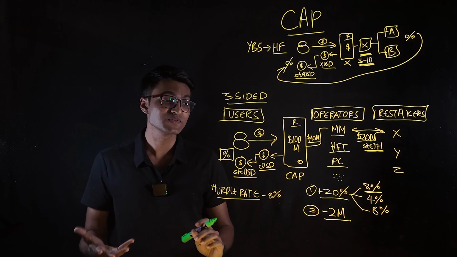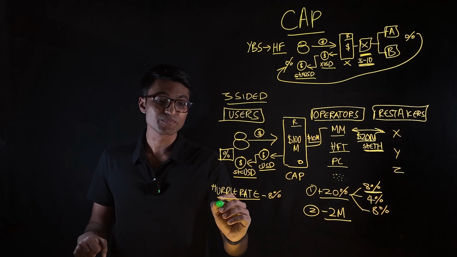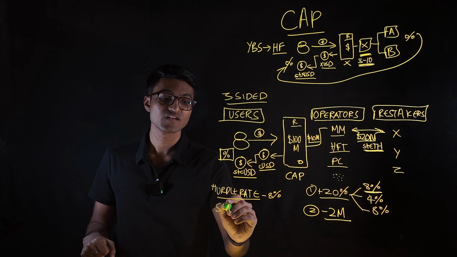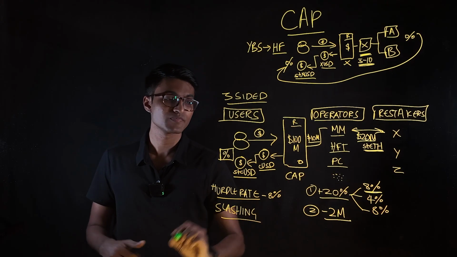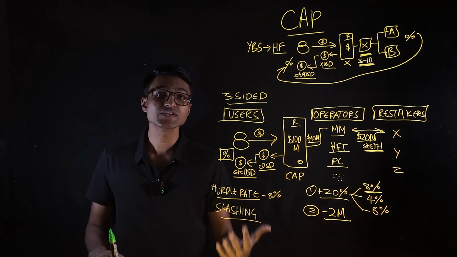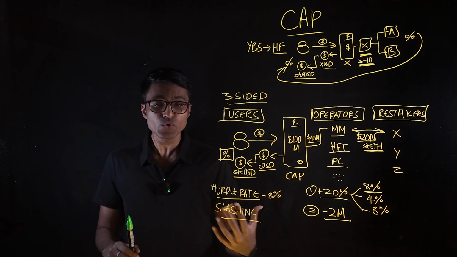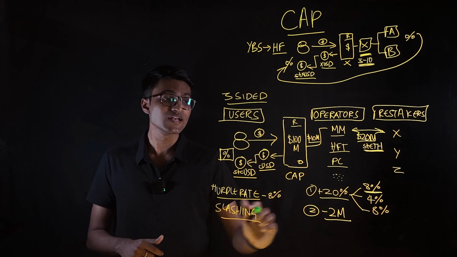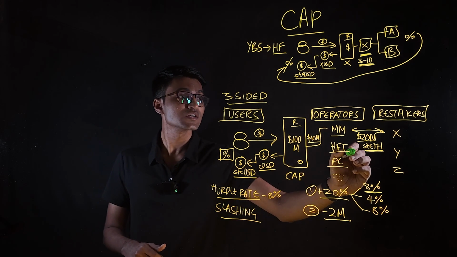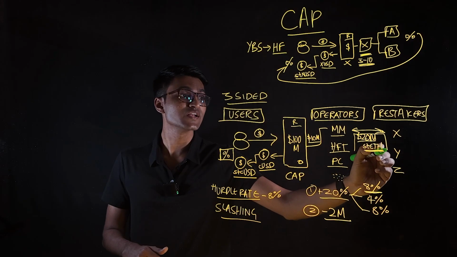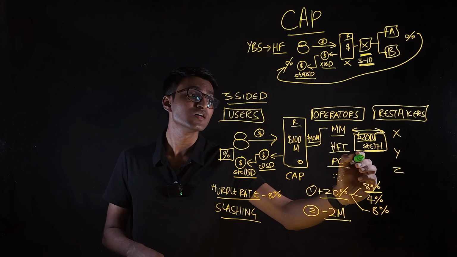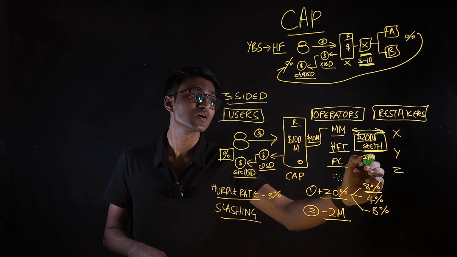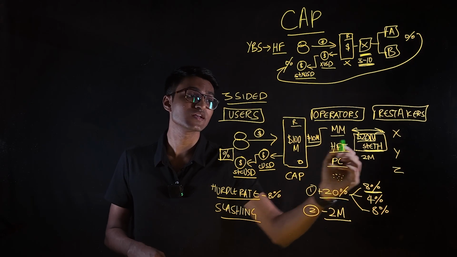So what happens here? CAP introduces something called slashing, right? So what happens during slashing? Liquidators go and liquidate this $20 million in delegated staked ETH and sell off $2 million worth of staked ETH.